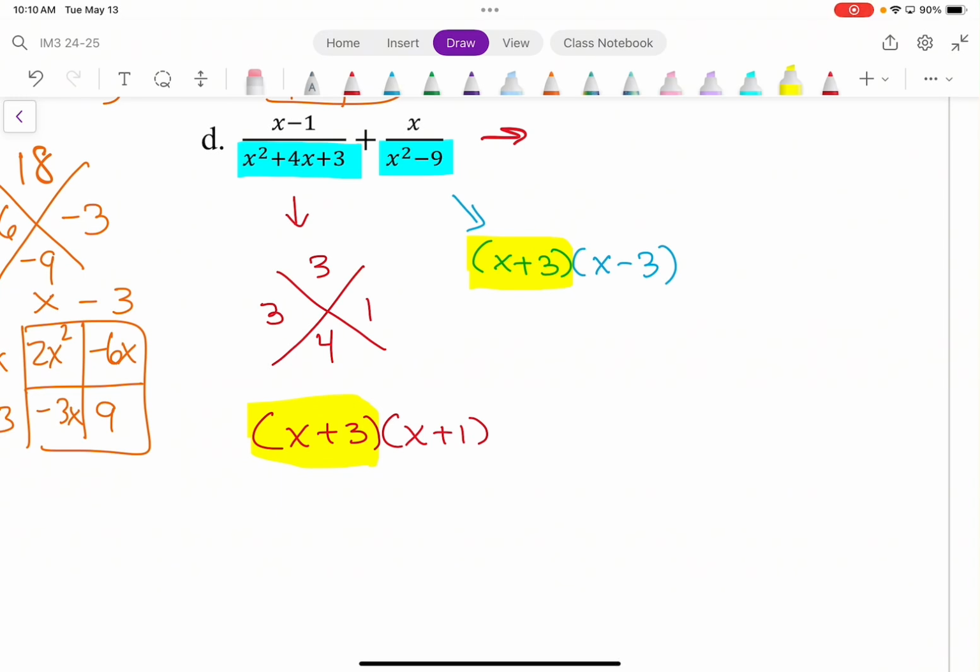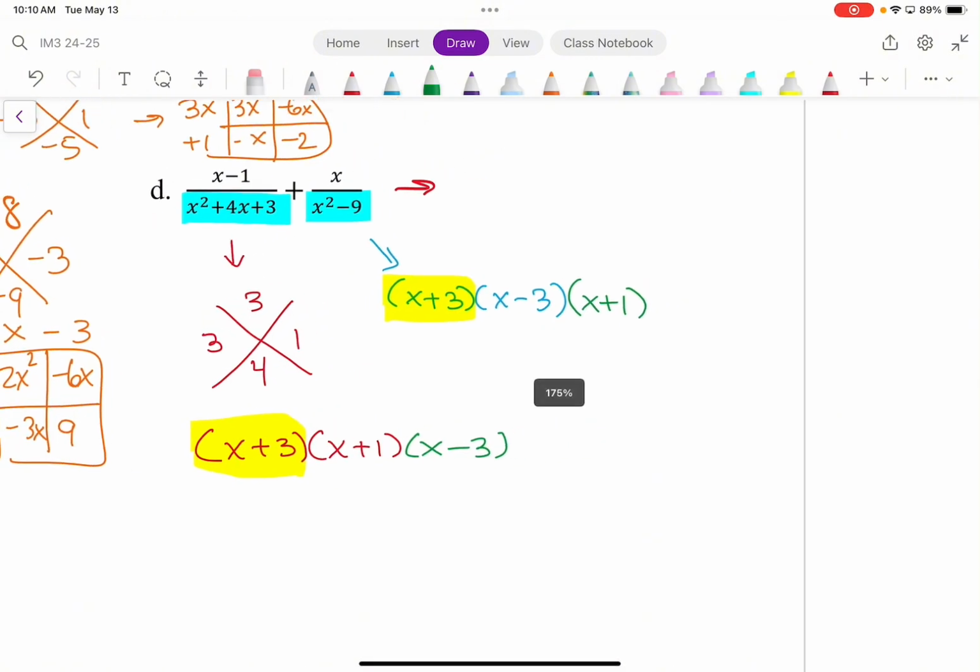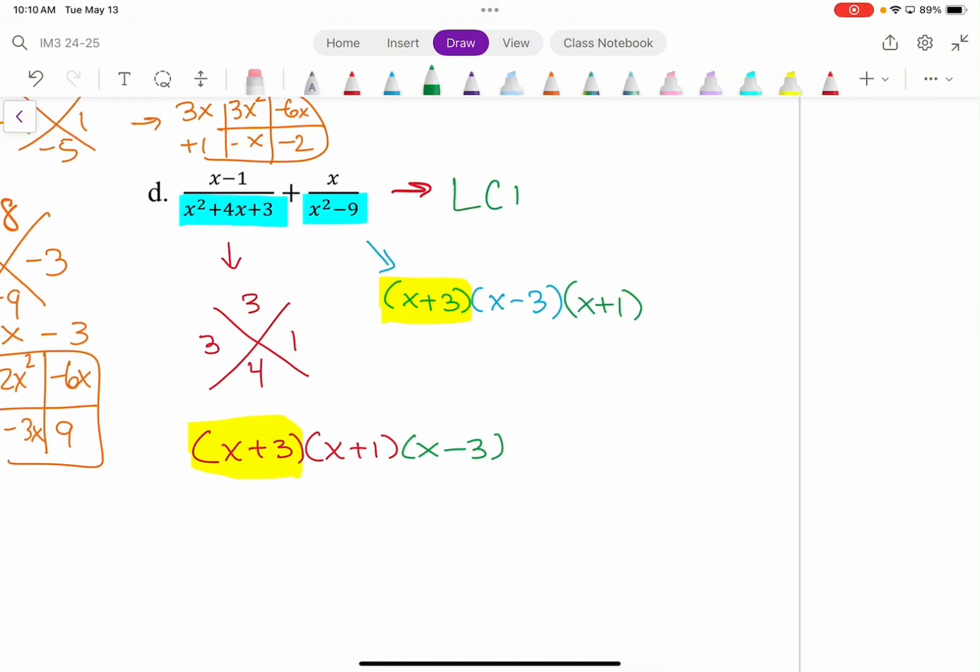What are we missing? Well, for one of the denominators, we're missing the x minus 3, and for the other one, we're missing the x plus 1. And so our LCD will be all three of these. So we'll make the LCD a combination of x plus 3, x minus 3, and x plus 1.